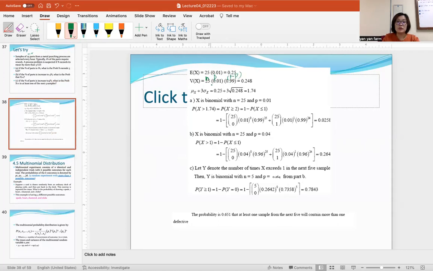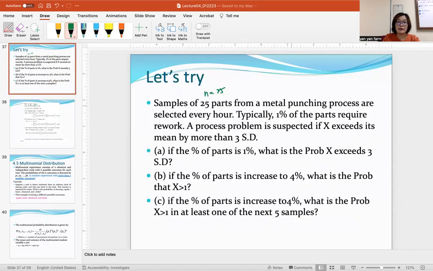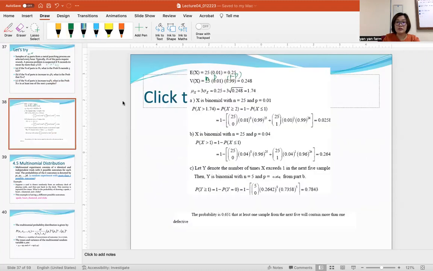So we just put it in. That is your variance. In this case, my X is the mean plus 3 standard deviations, so I need to find this first. I have my mean and my variance, so I can find my standard deviation. Then my X equals to 1.74.